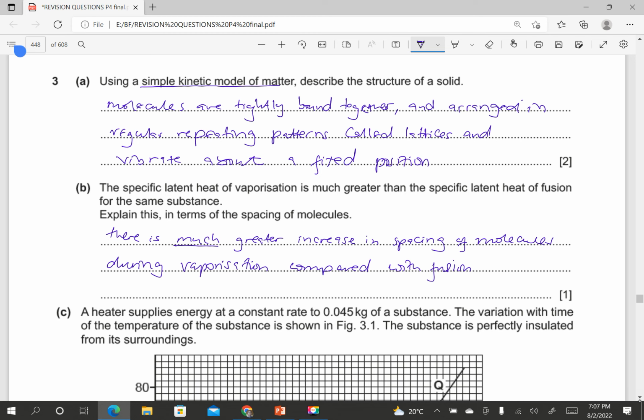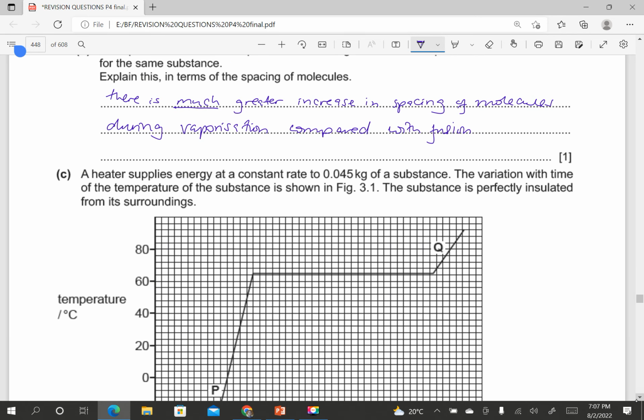So during vaporization, the work done is more because the volume increment is greater, since a lot of work is done to push against the atmosphere as the molecules escape from the liquid to the vapor phase. So that much greater increase in spacing would require more energy to completely break the bond so that the molecules can escape from the liquid into the vapor phase.